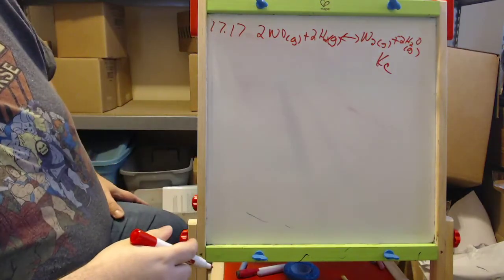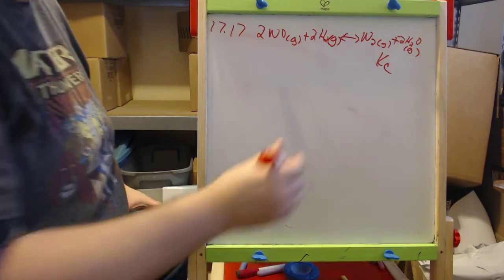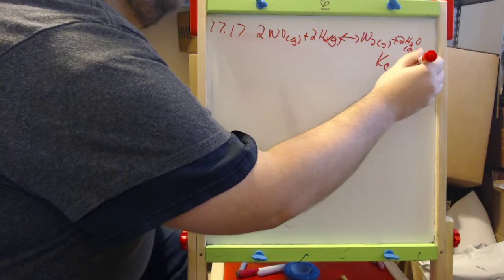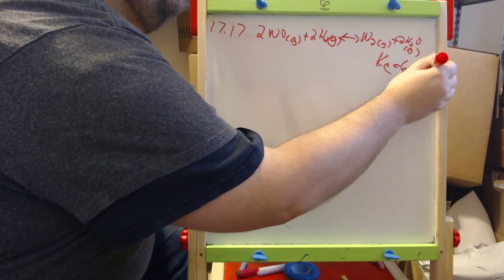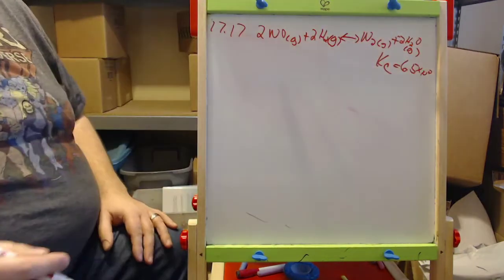Kc is equal to 6.5 times 10 to the second, which means the products are favored. Big Kc, products are favored.